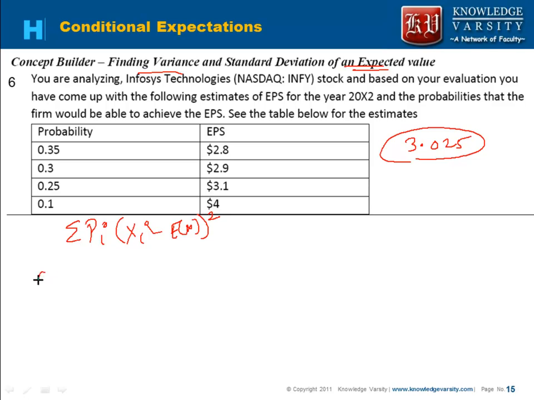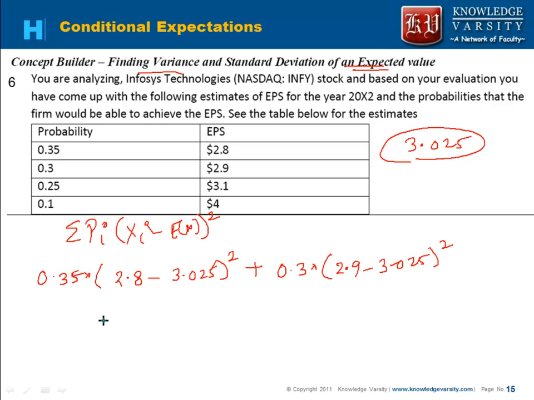So what we'll do is 0.35 is the probability of getting 2.8, minus 3.025 square, plus 0.3 into (2.9 minus 3.025) square, plus 0.25 into (3.1 minus 3.025) square, plus 0.1 into (4 minus 3.025) square.